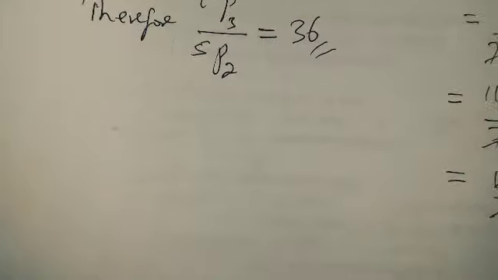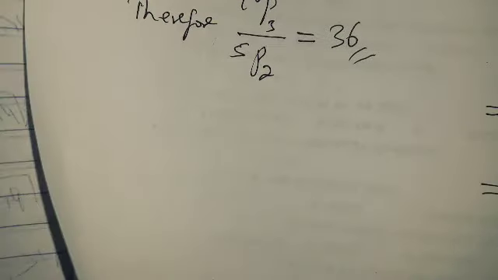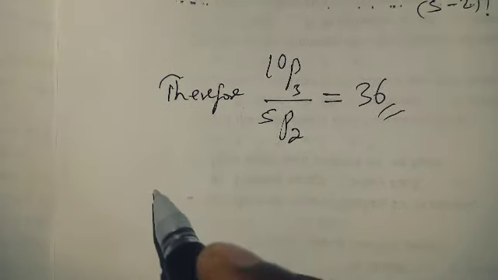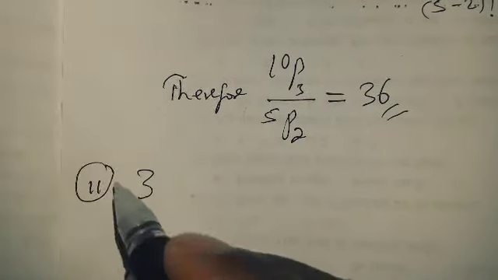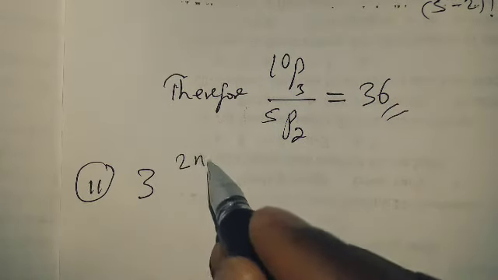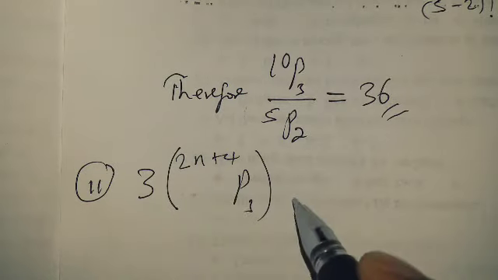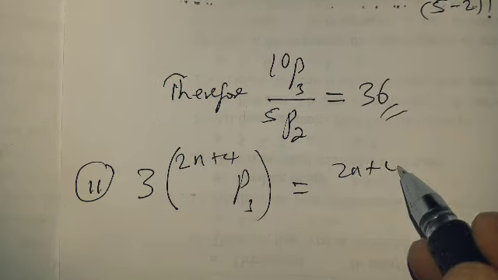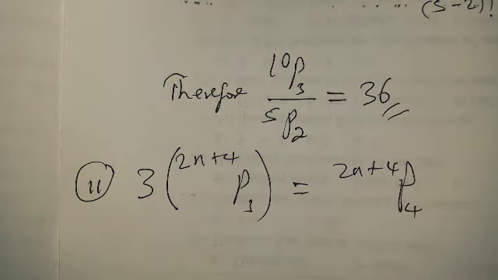So now if we have 2n plus 4 permutation 3 equals 3 times 2n plus 4 permutation 4.